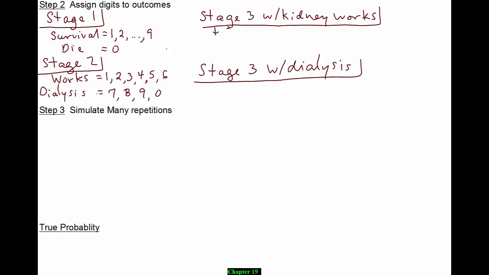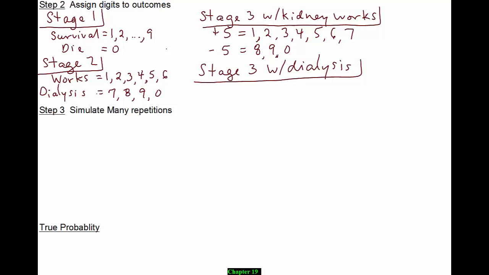So for surviving past 5 years, again, we can use single-digit codes, 1, 2, 3, 4, 5, 6, 7. And then not surviving past 5 years is the other 30%, so that's the last 3 remaining digits, 8, 9, and 0.